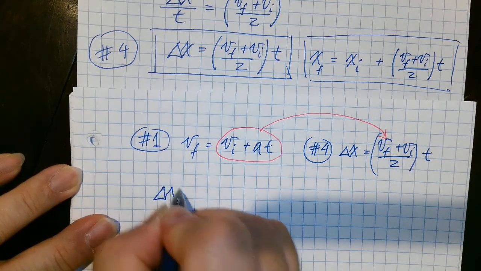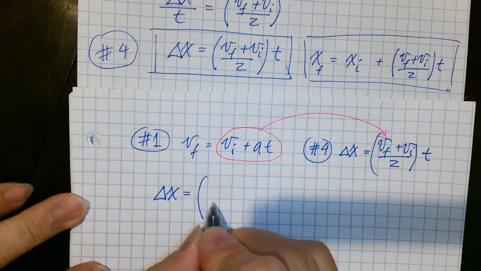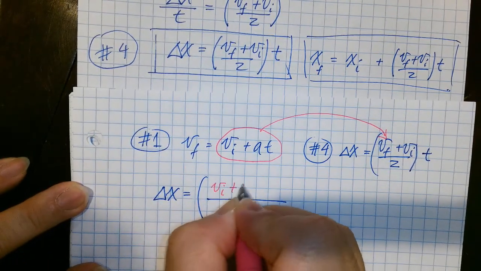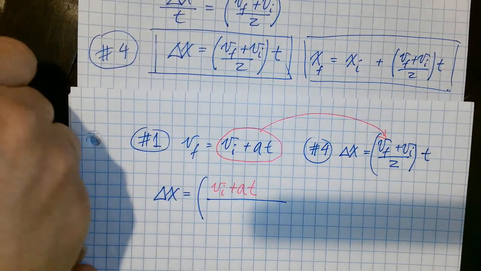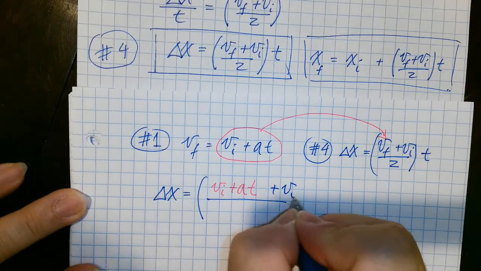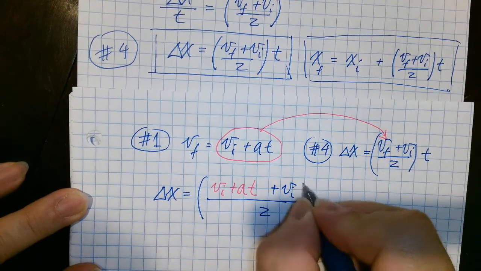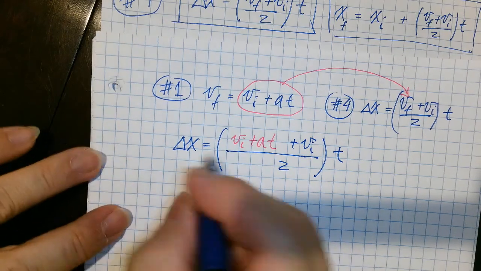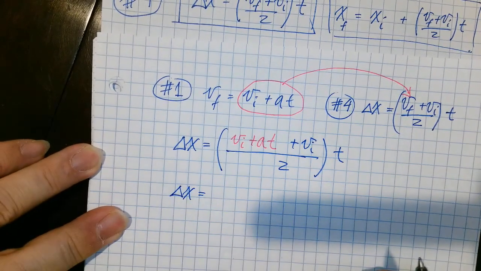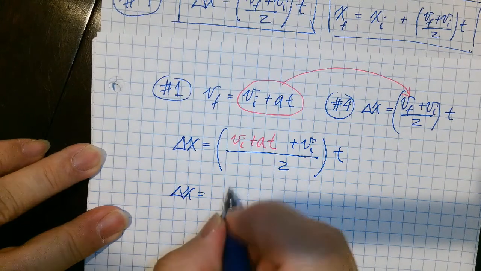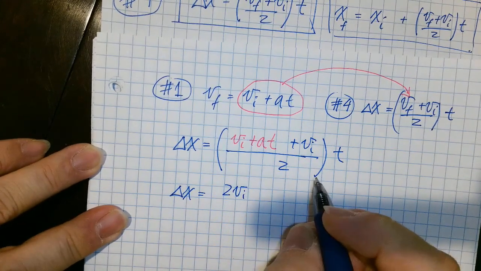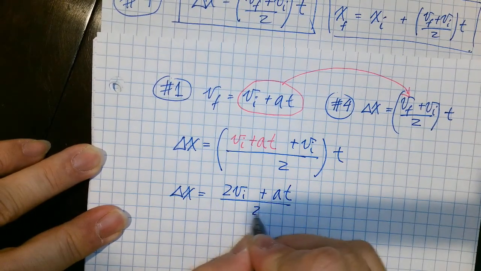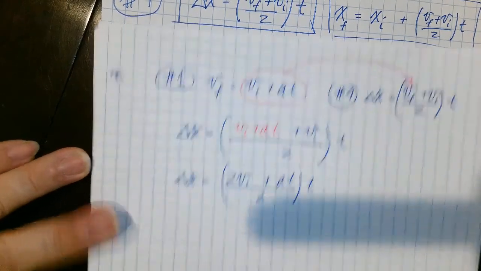So my delta x is equal to vi plus at, plus vi, over 2 times t. Then delta x is equal to, I could add these two vi's and get 2 vi plus at, whole thing over 2 times t.